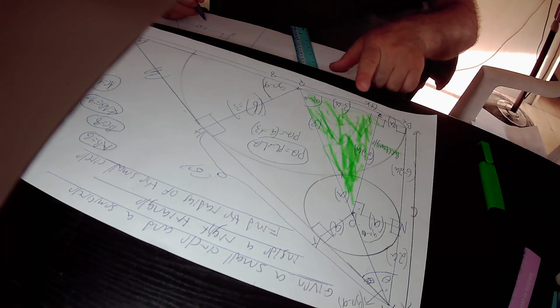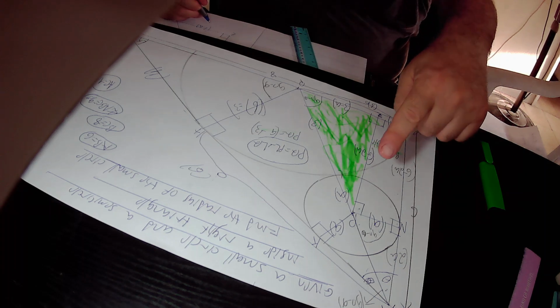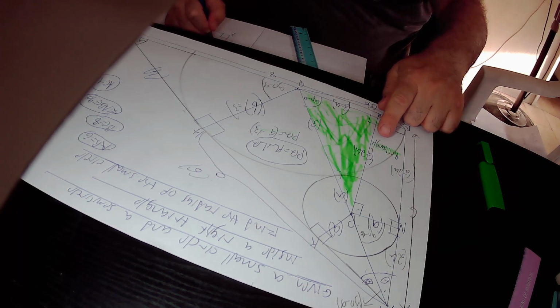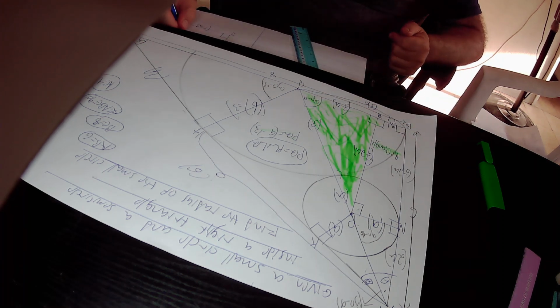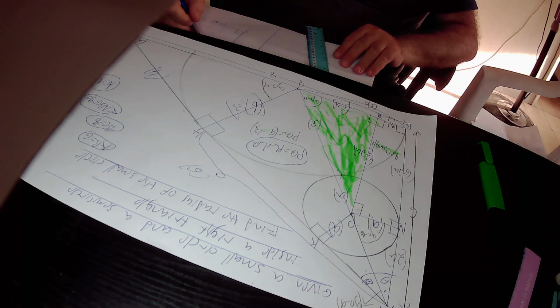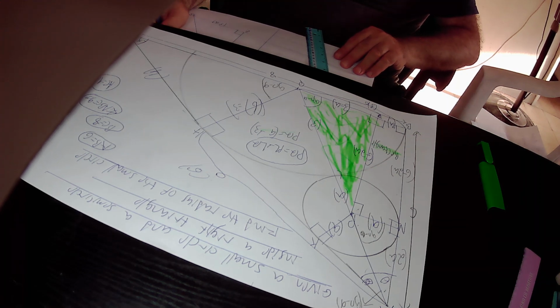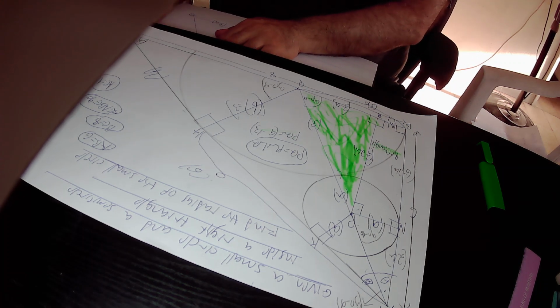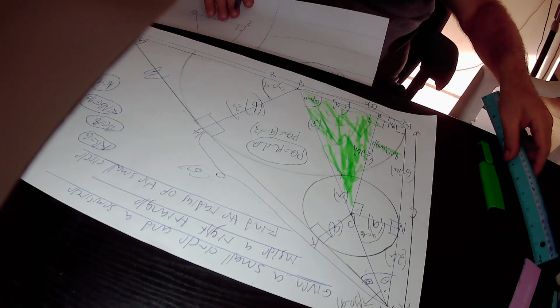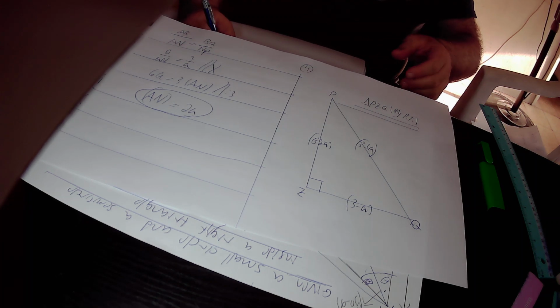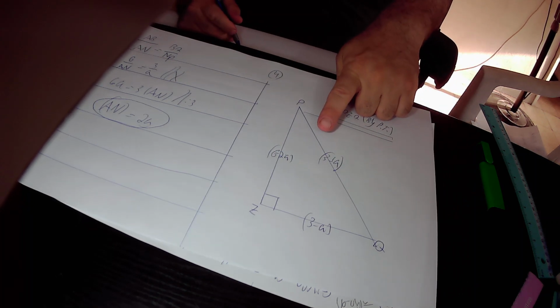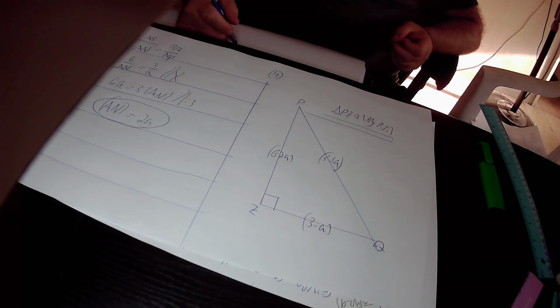Side ZQ equals 3 minus A, PZ equals 6 minus 2A, and the hypotenuse PQ equals 3 plus A. So actually, this is the green right triangle PZQ from the original drawing.